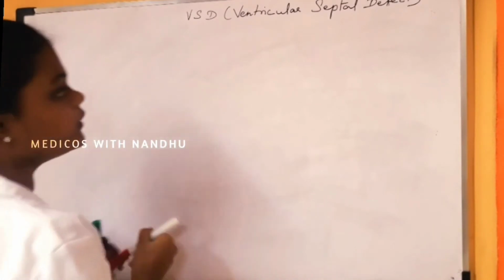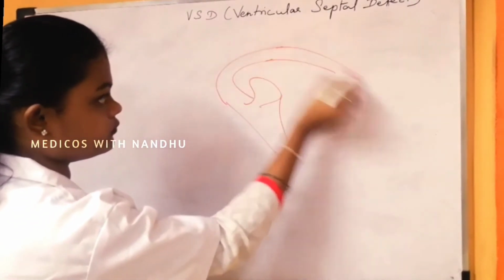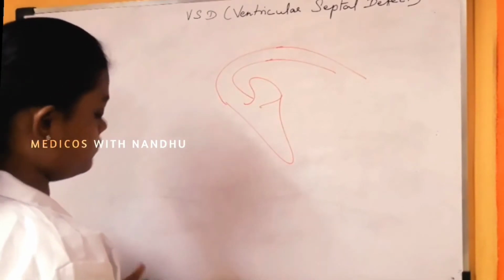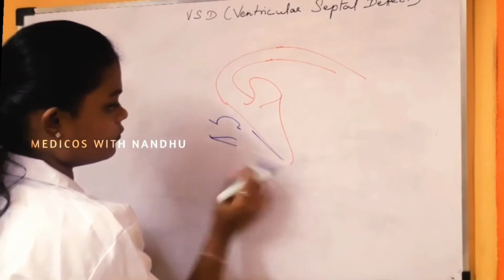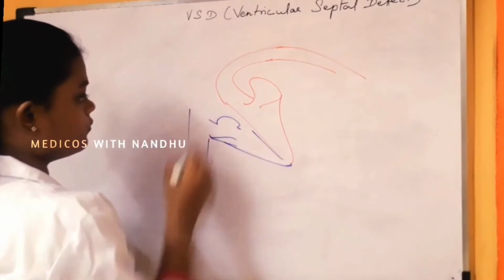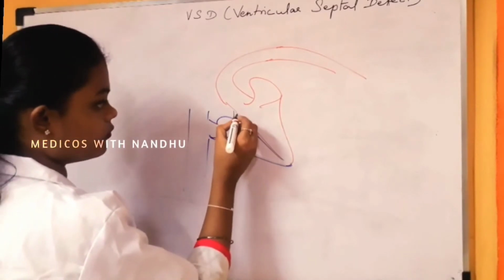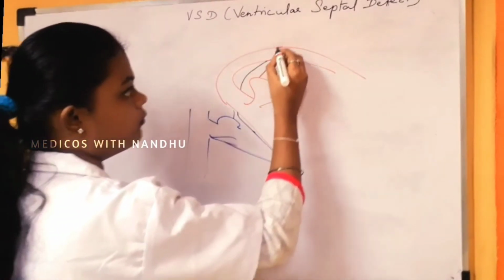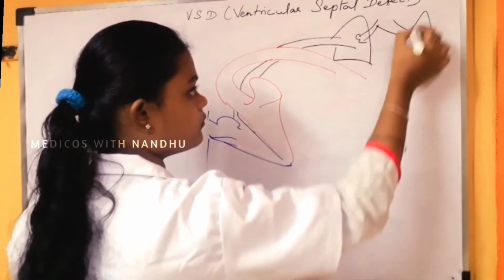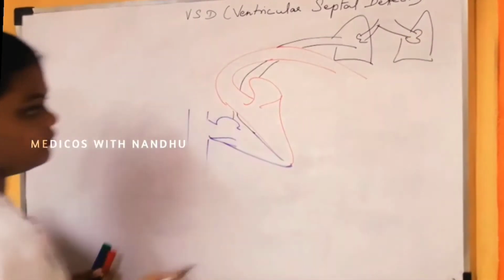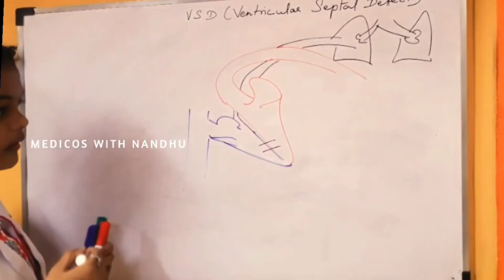Okay, so I want to draw the diagram again. Normally there is the interventricular septum, and the defect will be like this between the ventricles.